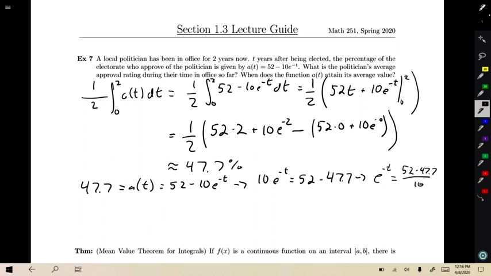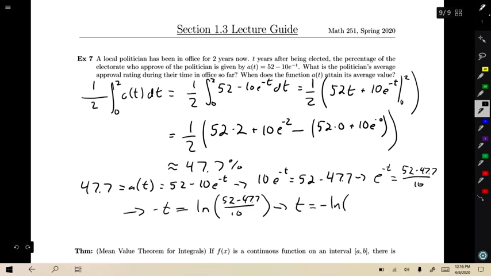To go ahead and continue isolating t, we need to take a natural log on both sides. So the left-hand side becomes minus t, the right-hand side becomes natural log of (52 minus 47.7) all over 10. And we need to multiply both sides by -1 to complete the process. So t is equal to minus natural log of (52 minus 47.7) all over 10.